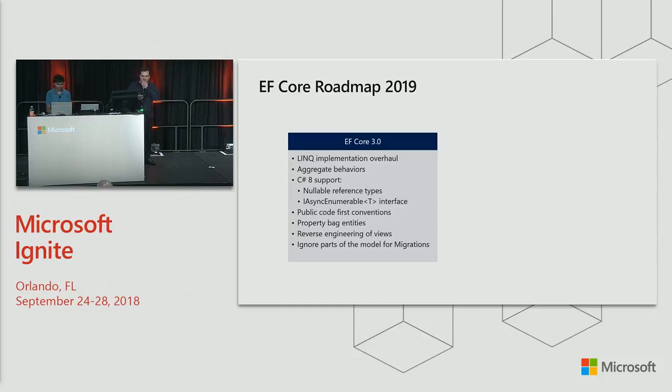Another thing that is coming at the same time as .NET Core 3.0 and EF Core 3.0 is a new version of C#, with some interesting capabilities. There are two things that may have an impact on EF Core. The C# team is finally going to standardize on an interface to represent asynchronous collections and also asynchronous disposables.